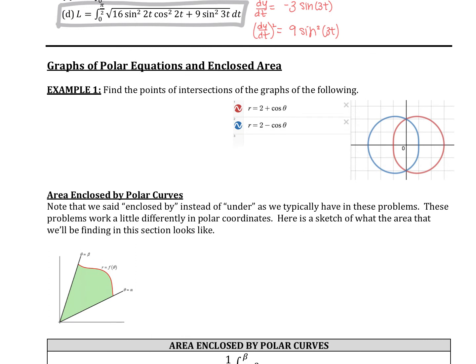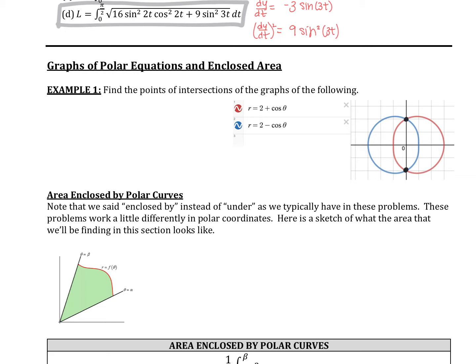One of the first skills that we need to have is to be able to find the points of intersection. Sometimes this can be done on a calculator, but oftentimes it's almost easier done by hand. The points of intersection that I will be finding are the points where the two functions intersect.